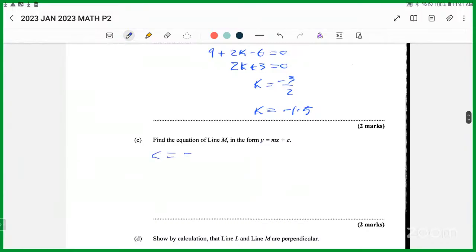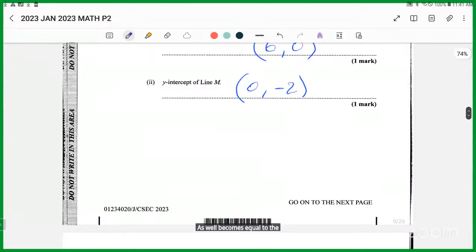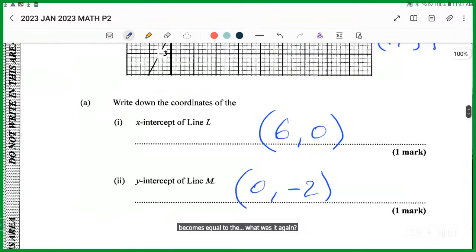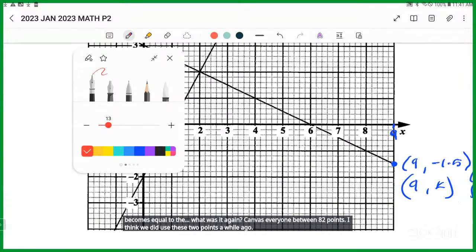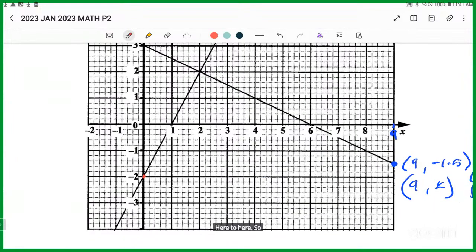And then the gradient, which is rise over run, let's count it off. Rise over run becomes equal to, what was it again? Okay, rise and run between any 2 points. I think we used these 2 points a while ago. Here to here. So we rise 2, and run 1. So the gradient is 2 over 1, which is 2.